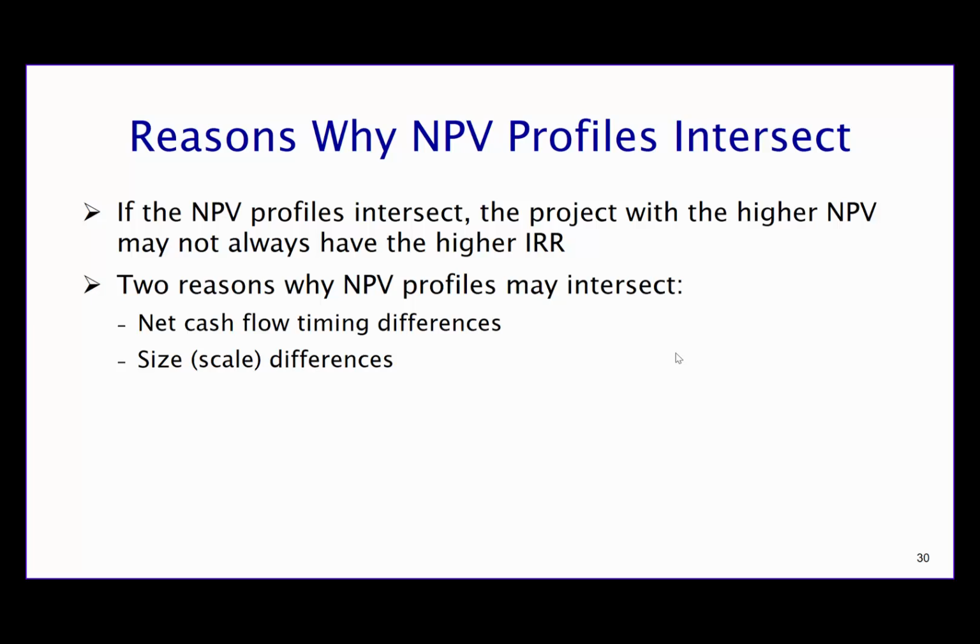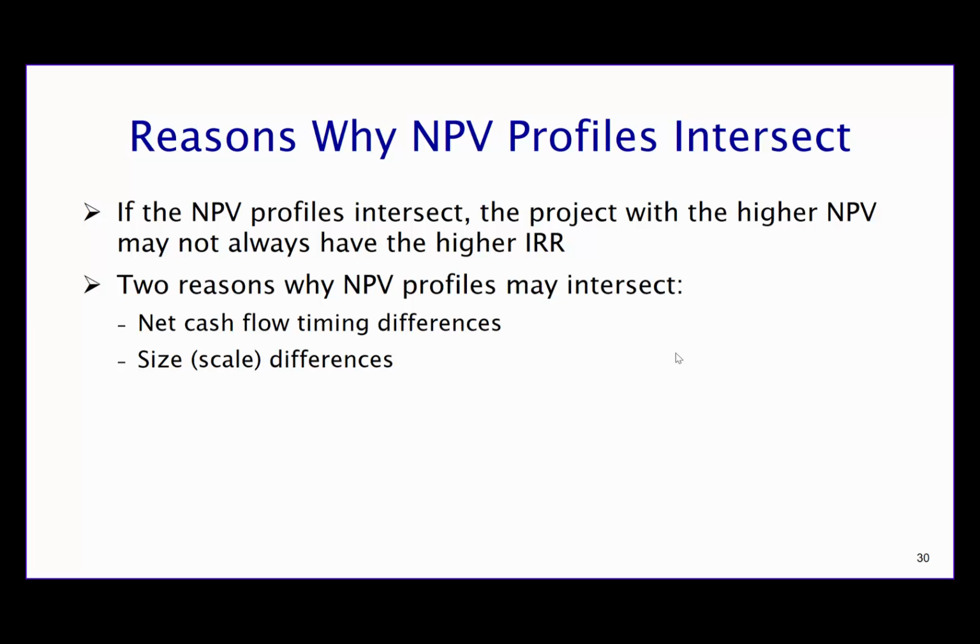Again, that's a contrived and kind of a really ridiculous example, but it does illustrate that smaller projects have an opportunity to generate higher IRRs, but have lower NPVs because it's just a small scale. The larger project can generate more NPV because of the amount of cash flows involved, but yet have a lower IRR. And that's, again, why they could intersect.